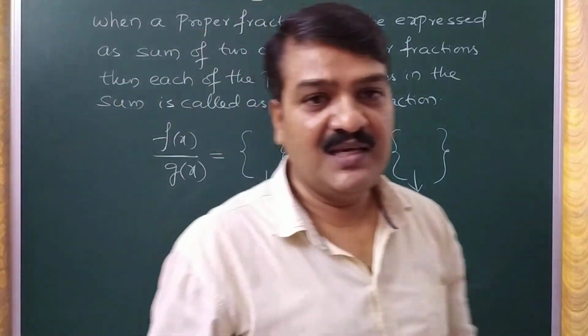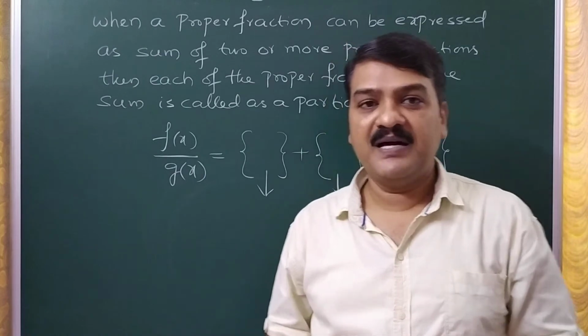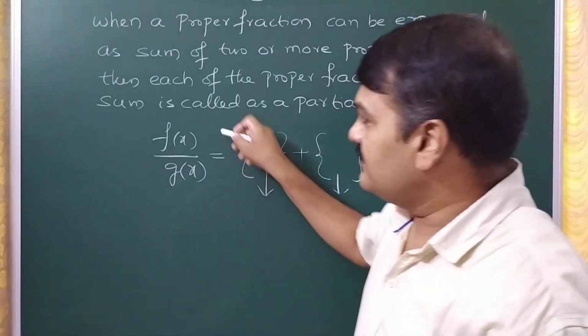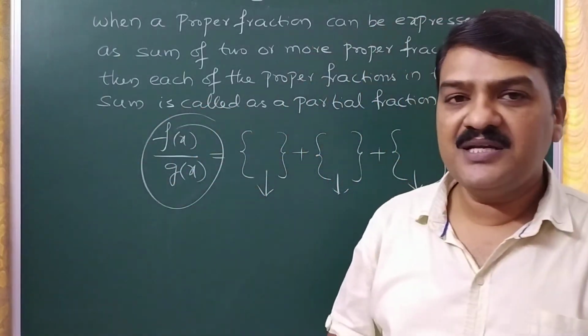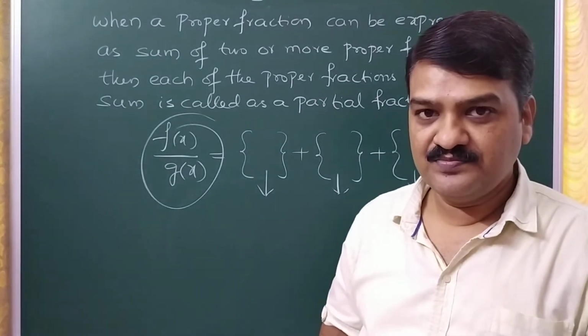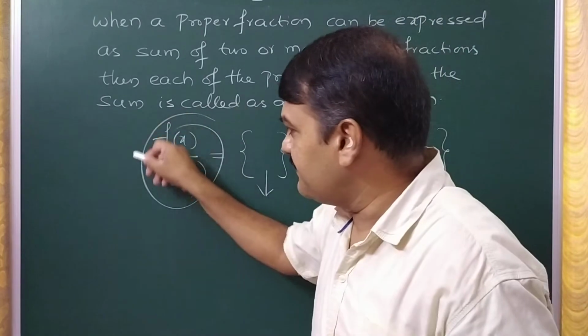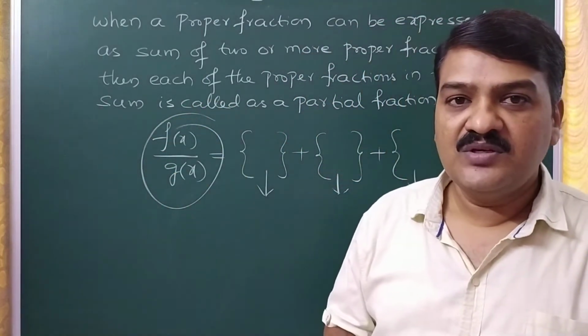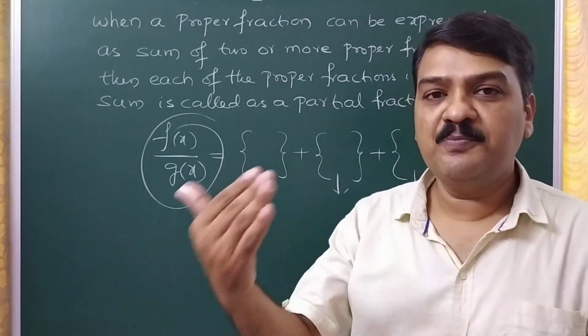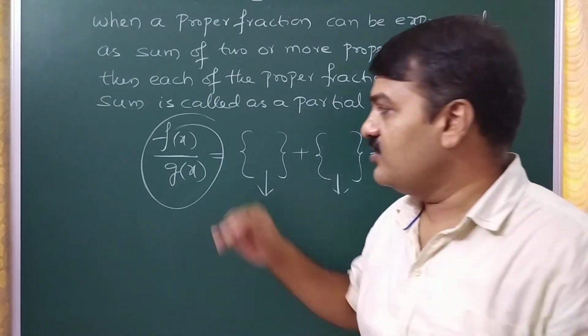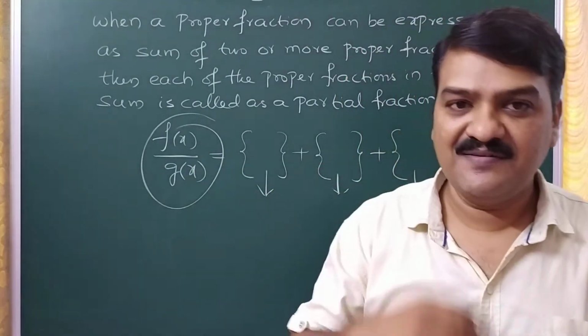So basically, in the chapter of partial fractions, one polynomial fraction will be given to you. You have to split it into partial fractions, or resolve it into partial fractions.